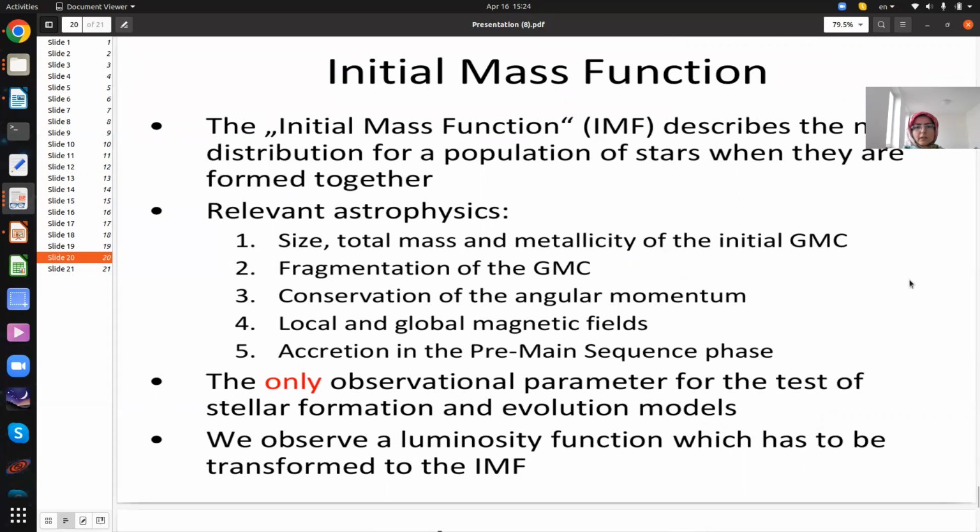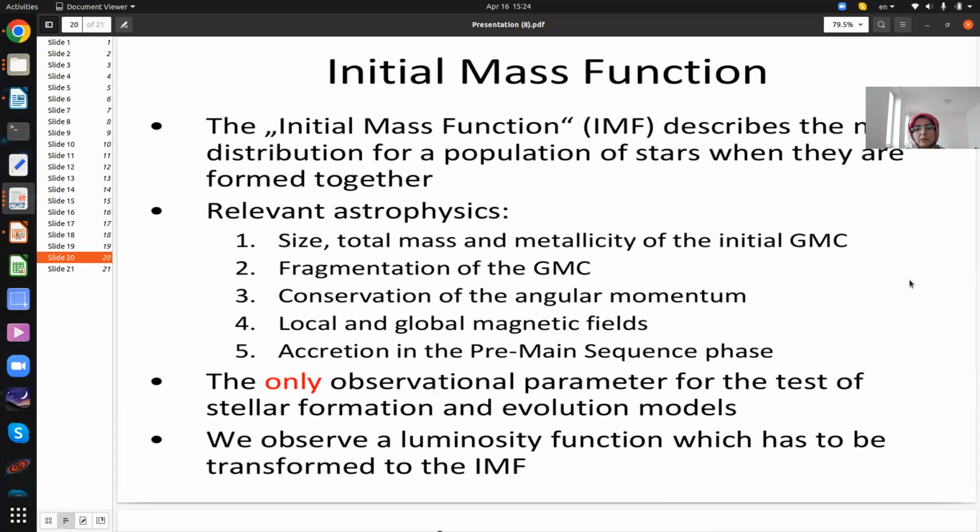Initial mass function. The initial mass function describes the mass distribution for a population of stars when they are formed together. Relevant astrophysics assigns total mass and metallicity of the initial giant molecular cloud, fragmentation of the giant molecular cloud, conservation of angular momentum, local and global magnetic fields, and accretion in the pre-main sequence phase.